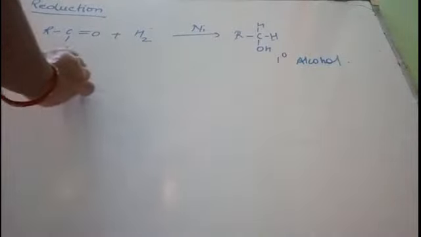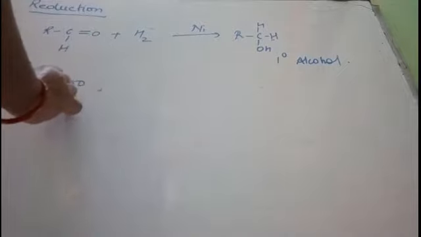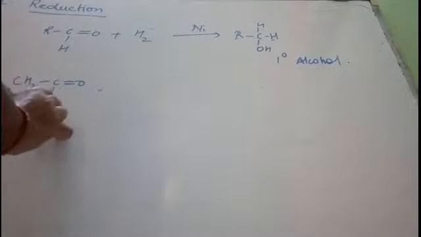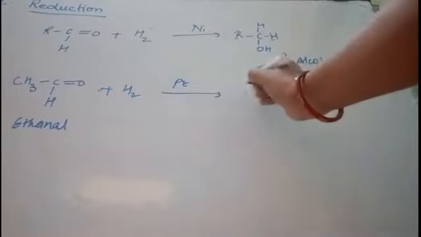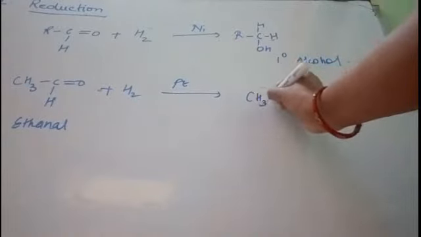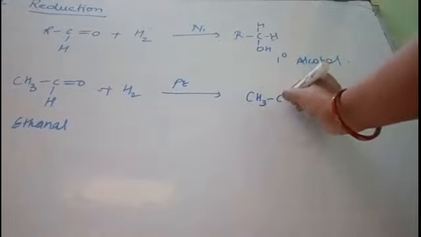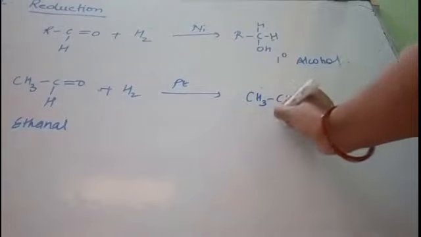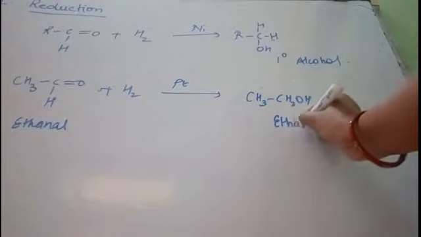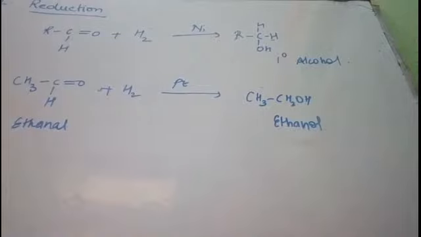Suppose we have ethanal. When we reduce this, you can take any of the catalysts, it is reduced to ethanol. So primary alcohol is formed when aldehydes are reduced.